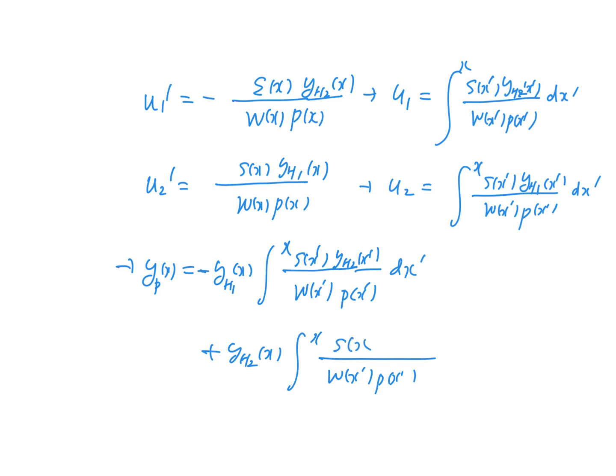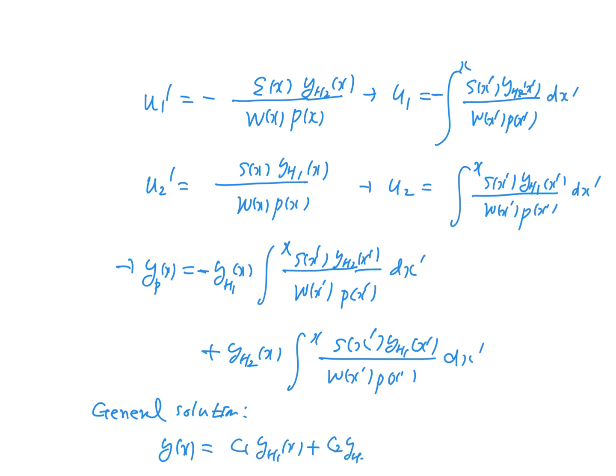So the general solution will be yx equals c1 yh1x plus c2 yh2x plus yp. That's the reason why I didn't put plus c here, because this c would again be absorbed by the constants here. So it's just an indefinite integral.